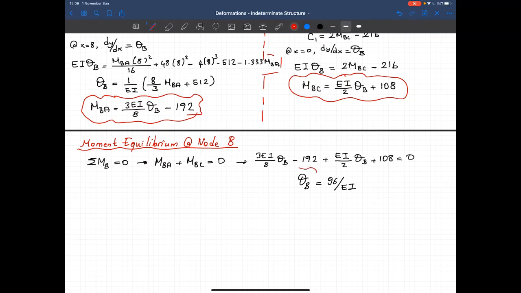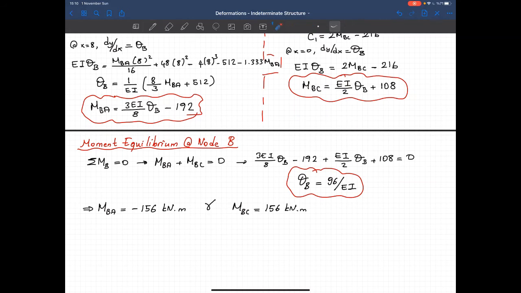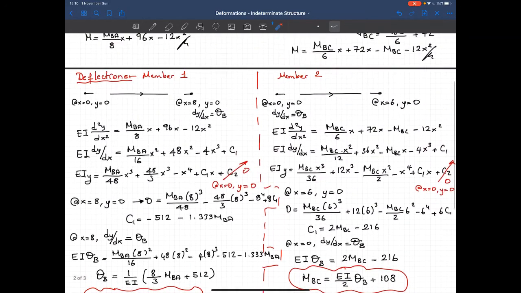So that's the rotation at B. Once you determine the value of the rotation, you can put this one into these two equations and obtain these end moments. And when you do that, we obtain M_BA as equal to minus 156 kilonewton meters and M_BC as equal to 156 kilonewton meters.